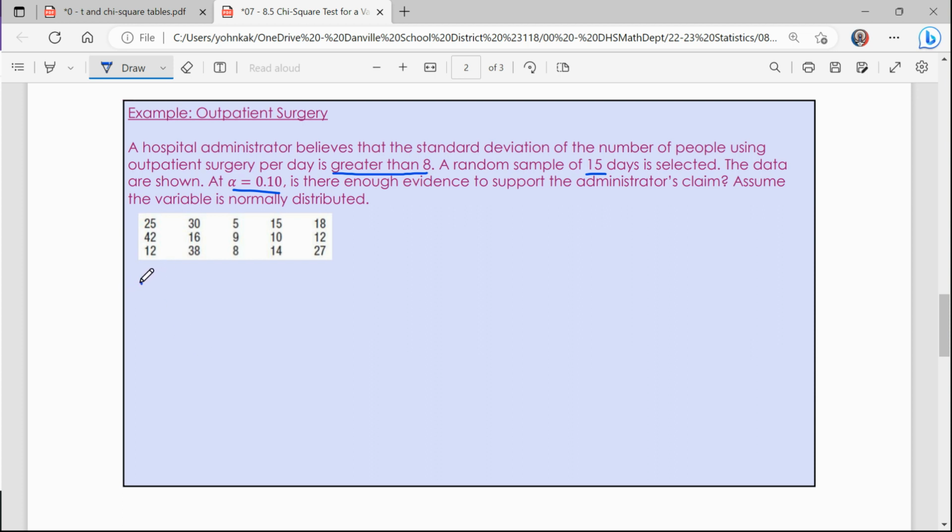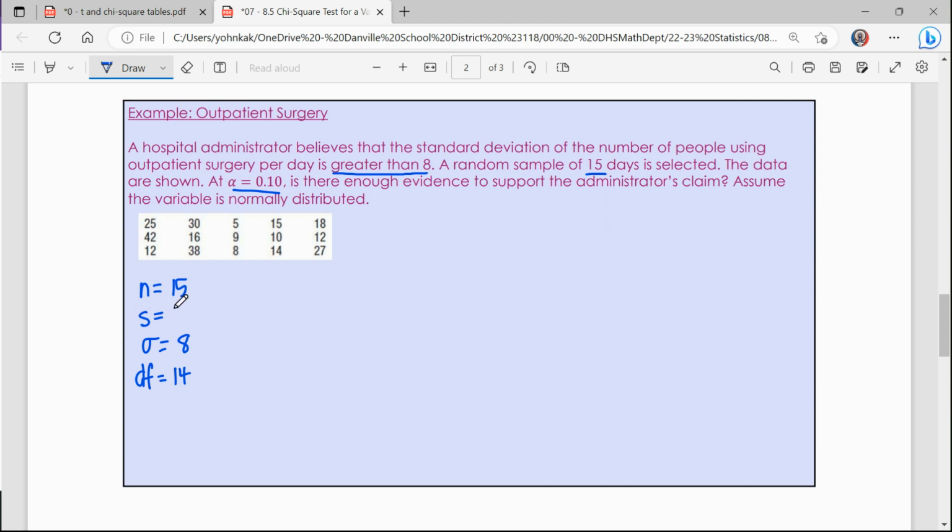All right, so we need an n, an s, a sigma, and a degree of freedom. They tell us that our sample size is 15. That's our n, which makes our degrees of freedom 14. It also tells us that the standard deviation of everything is 8, so that's my sigma.